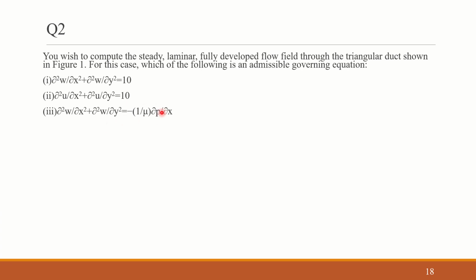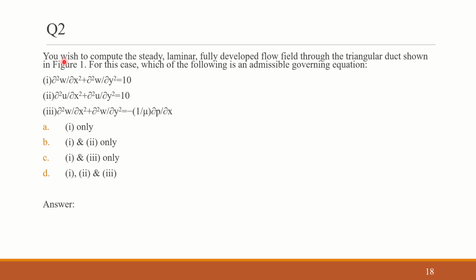When we are deriving and simplifying the equation, it is ∂²w/∂x² plus ∂²w/∂y² equal to minus 1/μ ∂p/∂z. Because of that, the third is wrong actually. So the answer is option A, one only.